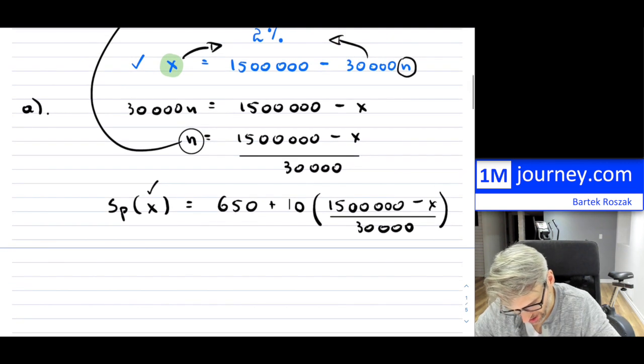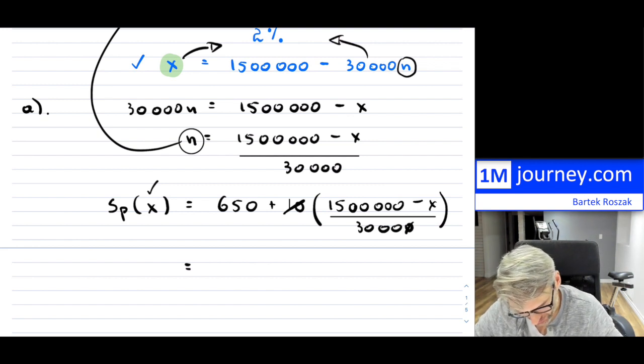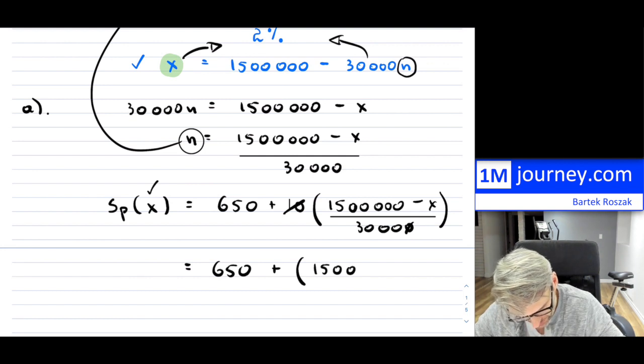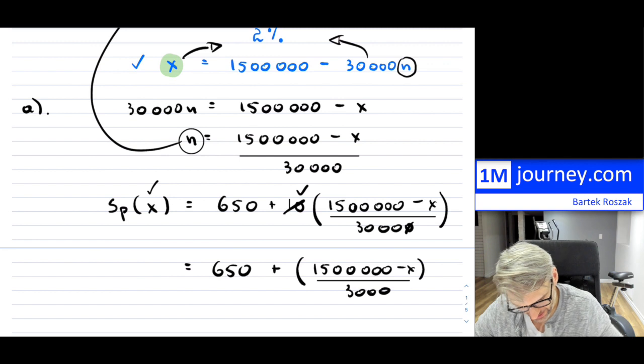Now massaging this out. The 10 is going to take out one of these zeros. So it's going to be 650 plus 1500 minus x, except now it's 3,000 in the denominator, because that 10 canceled it out.